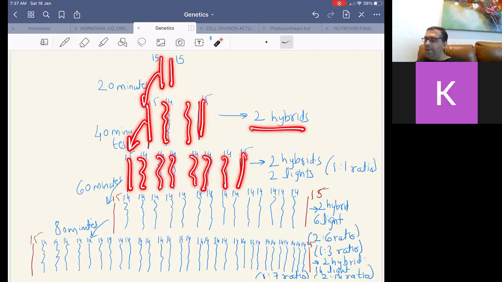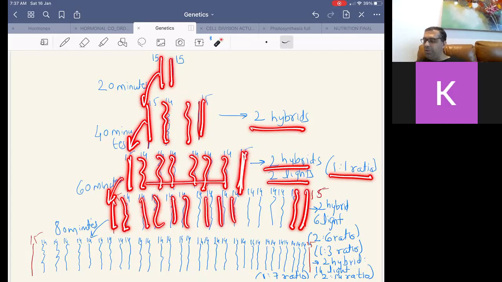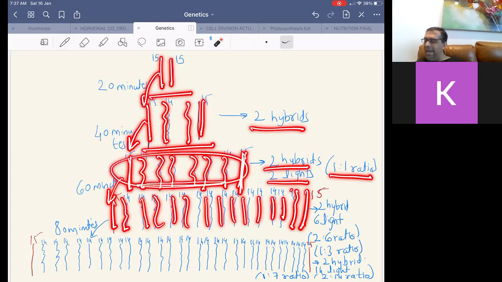So you get two hybrids and two lights, 1:1 ratio. After 60 minutes, one 15 gets 14, another 15 gets 14, and all the others get 14-14. So you get a total of 8: 1 becomes 2, 2 becomes 4, 4 becomes 8.